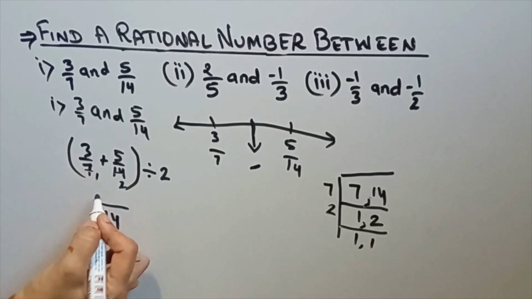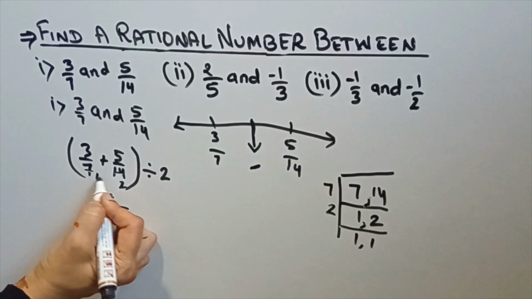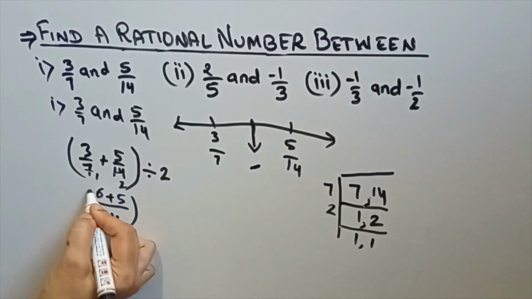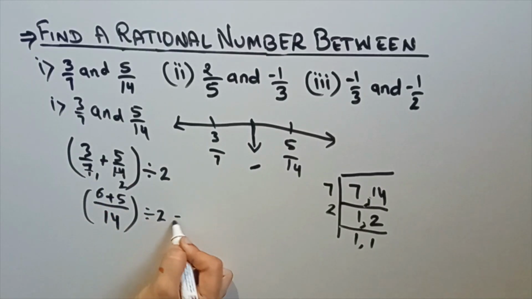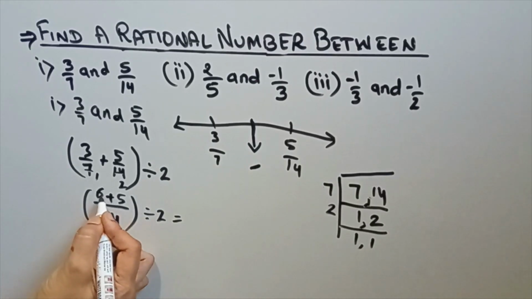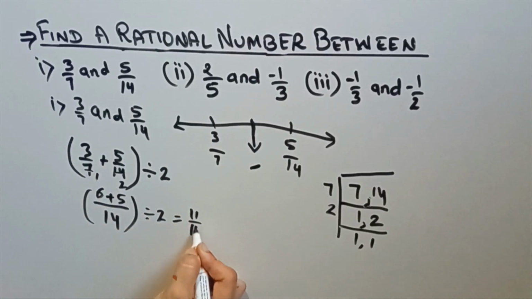So 14 will come in the denominator. Now 2 threes are 6 plus 1 five is 5. 5 plus 6 is 11 by 14, and this divided by 2.